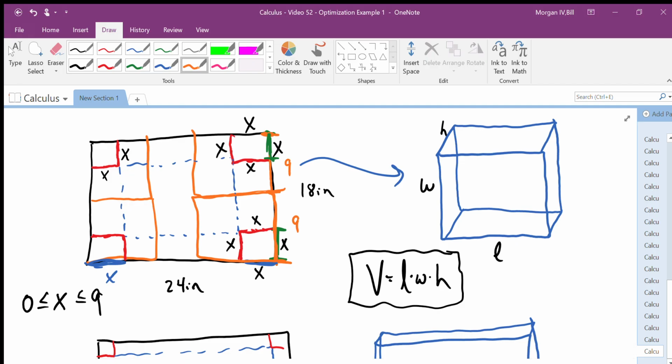There's no base there, and so we end up with, again, a volume of 0. So the endpoints here, x is 0 and x is 9, give us kind of our constraint. We know that x must be between 0 and 9. However, if it's either one of those, we end up with a volume of 0. So those will end up being the absolute minimums. We want the absolute maximum.